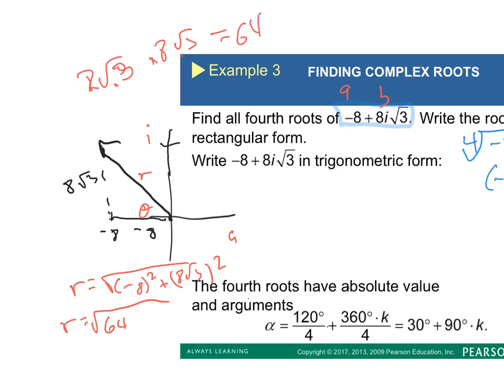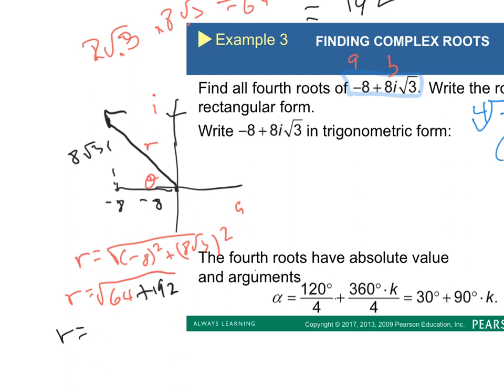Square root of 3 times square root of 3 is square root of 9, which is another 3. 64 times 3 is 192. So r is equal to the square root of 64 plus 192.